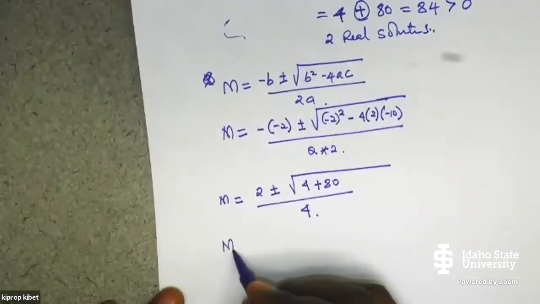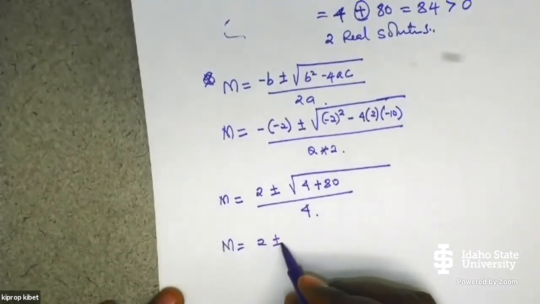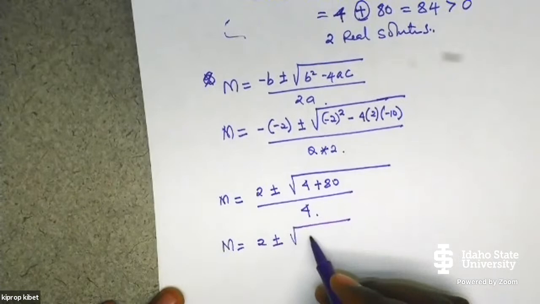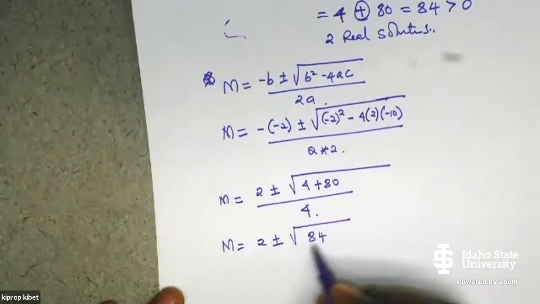And our m is equal to 2 plus or minus the square root of 84, all over 4.